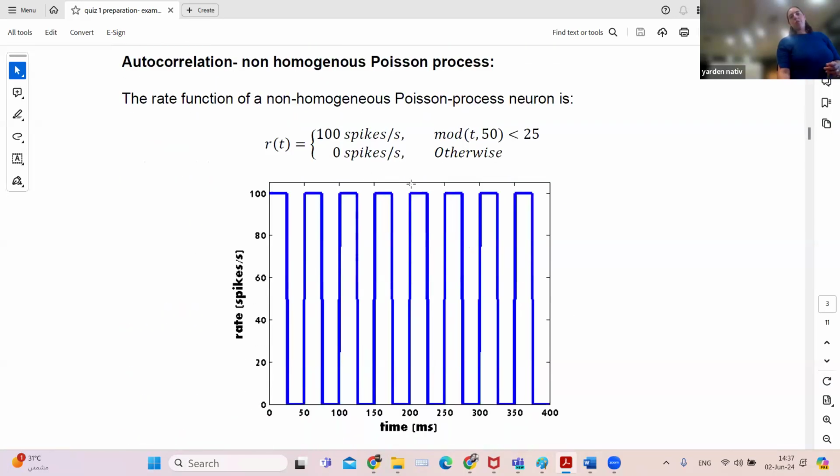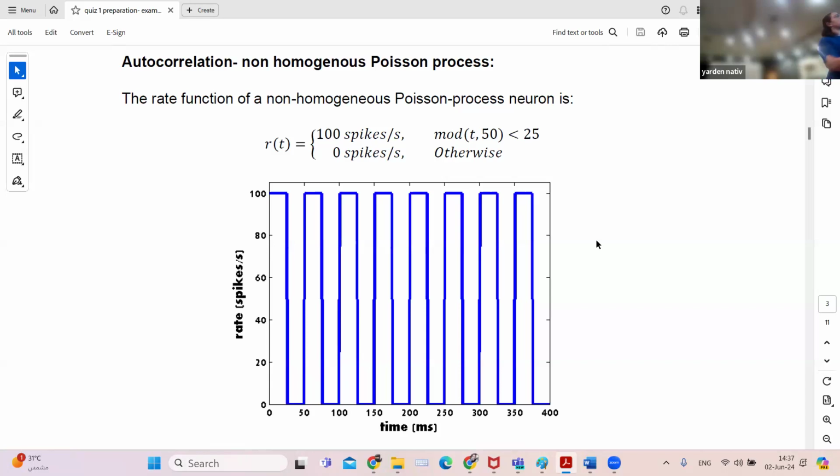Now let's do something which is a bit harder. We have the following rate function of a non-homogeneous Poisson process neuron. This neuron fires at a rate of 100 spikes per second if, do you know what mod means? Mod is the remainder.